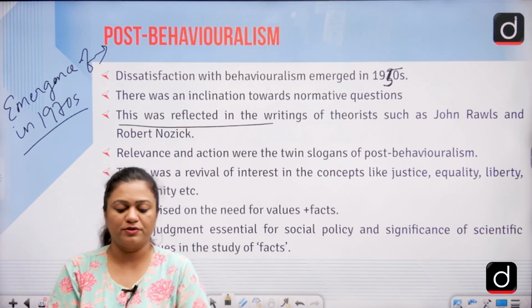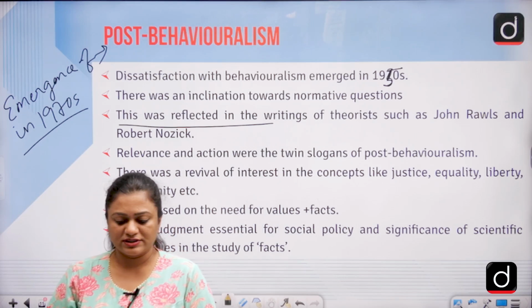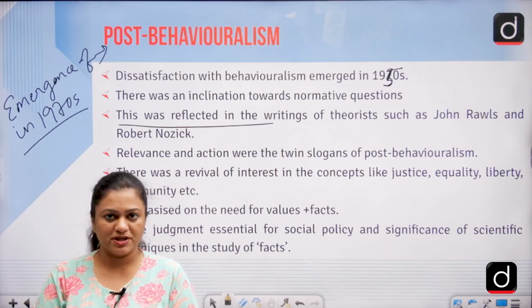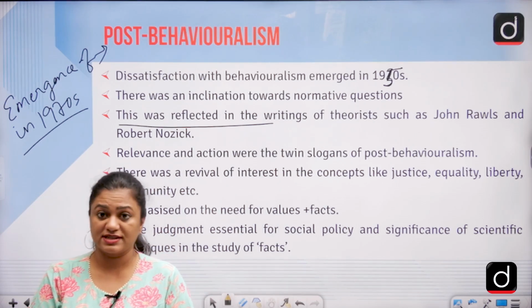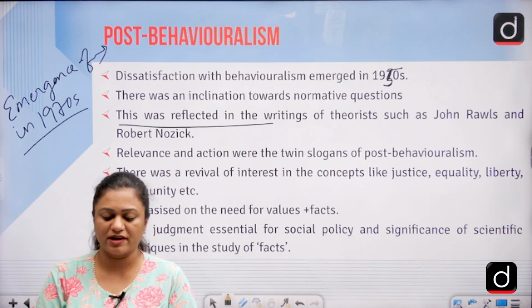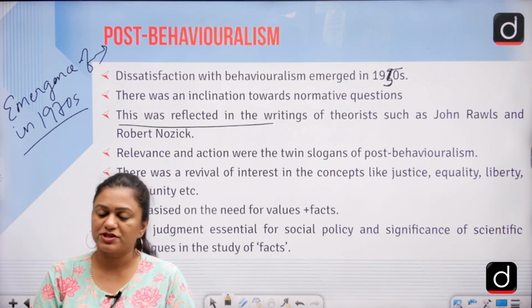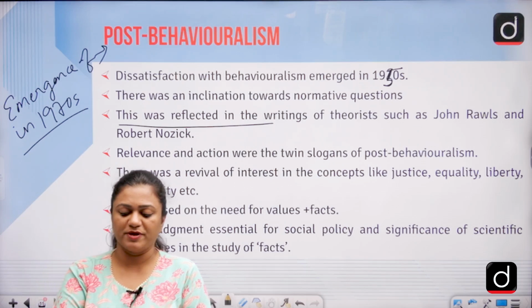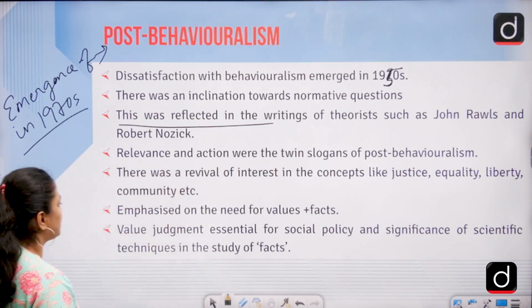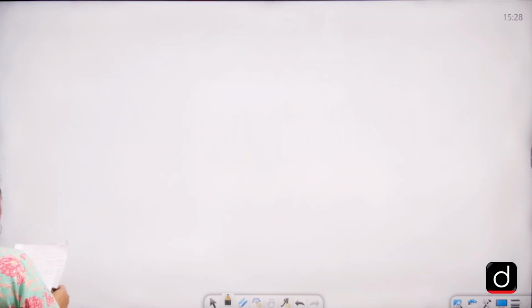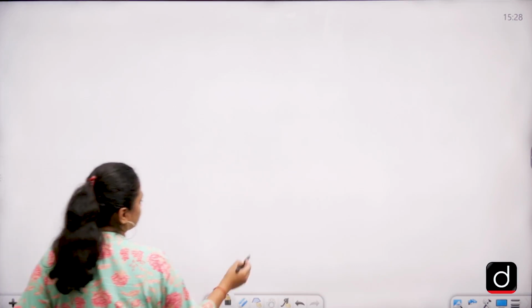John Rawls' works include A Theory of Justice, published in 1971, Justice as Fairness, published in 1985, Political Liberalism, published in 1993, and The Law of Peoples in 1999. I'm just writing the names of the books by John Rawls.